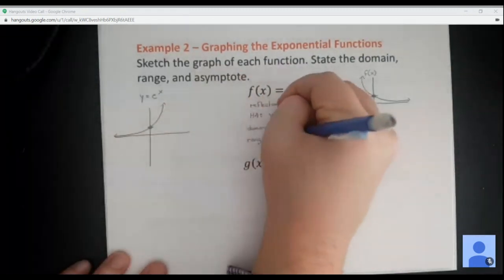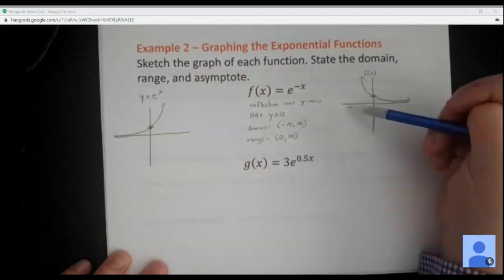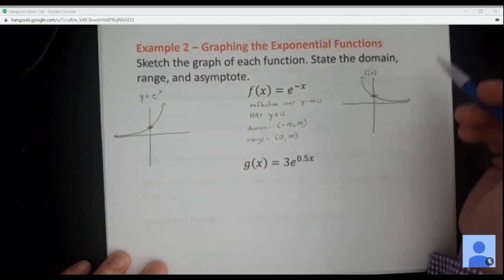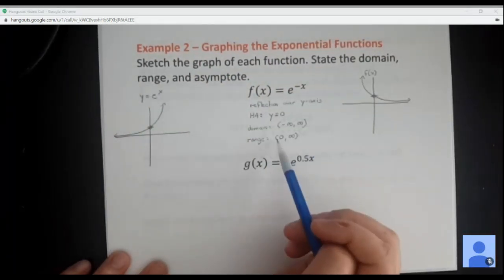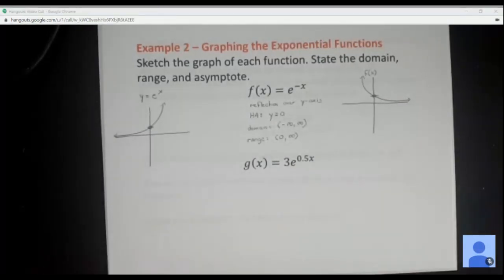So this time it's going to be 0 to positive infinity, because remember we have that asymptote at 0. Everything in terms of the y is above the x-axis here, so it's all positive. So it's going to be from 0 to infinity, and we don't want to include the 0 because there is an asymptote at 0 this time. Okay. No worries. Any questions on that one now?